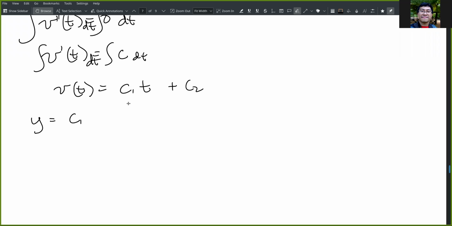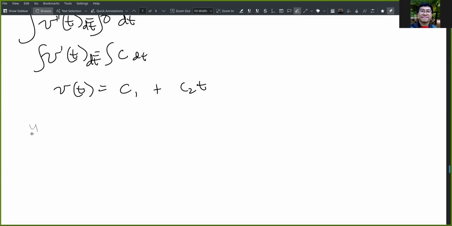To keep track easily of the variables, I'll write c1 plus c2 t.